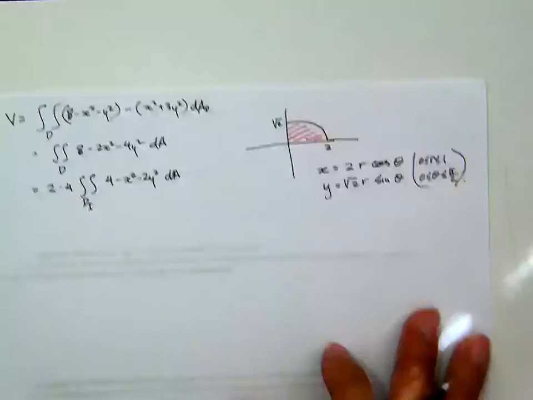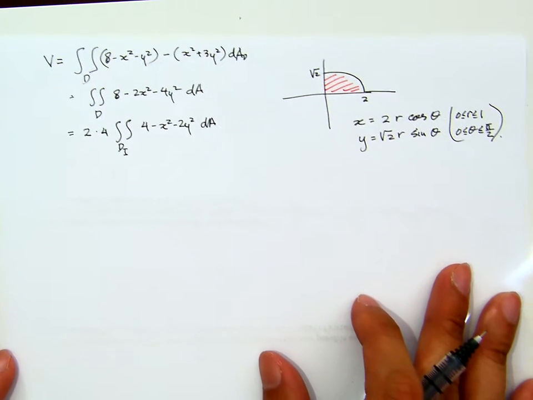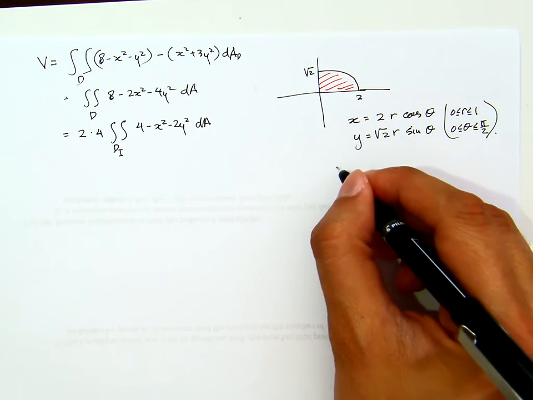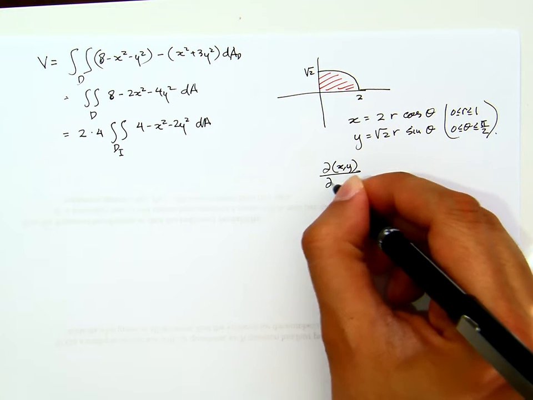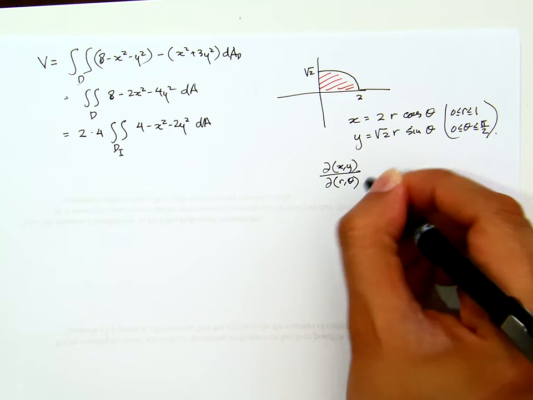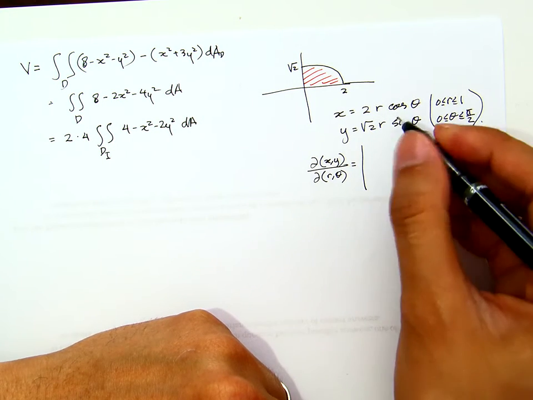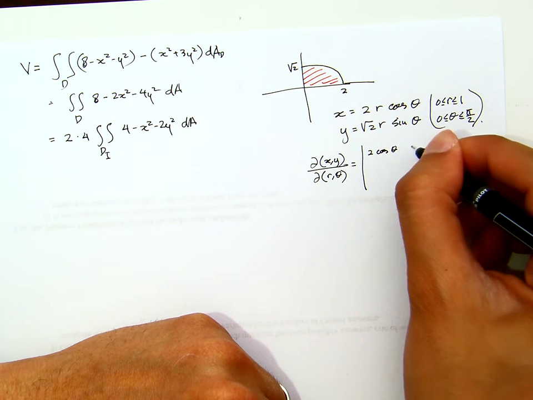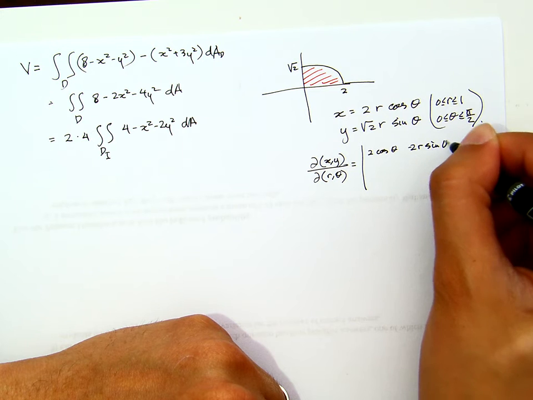We'll use change of variable right now. Let's see what we can do. If I do the Jacobian of x, y with respect to r, theta, you will see that with respect to r, this is 2 cosine theta, and this is negative 2r sine theta.